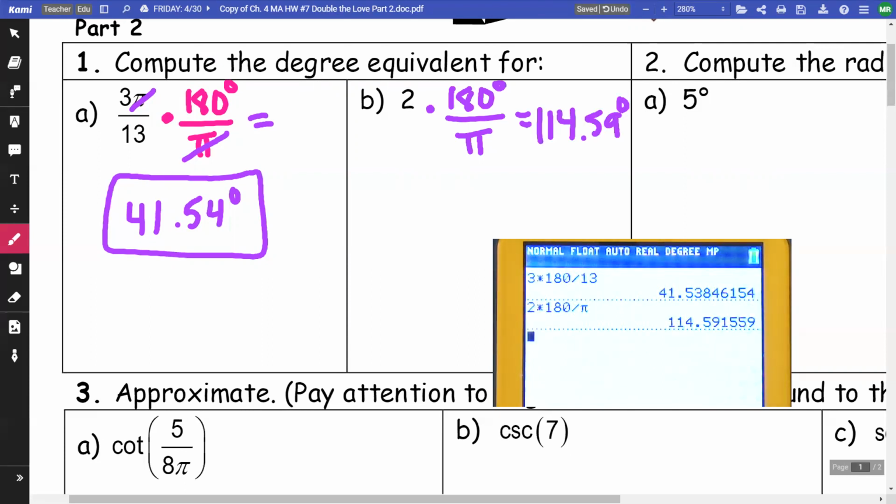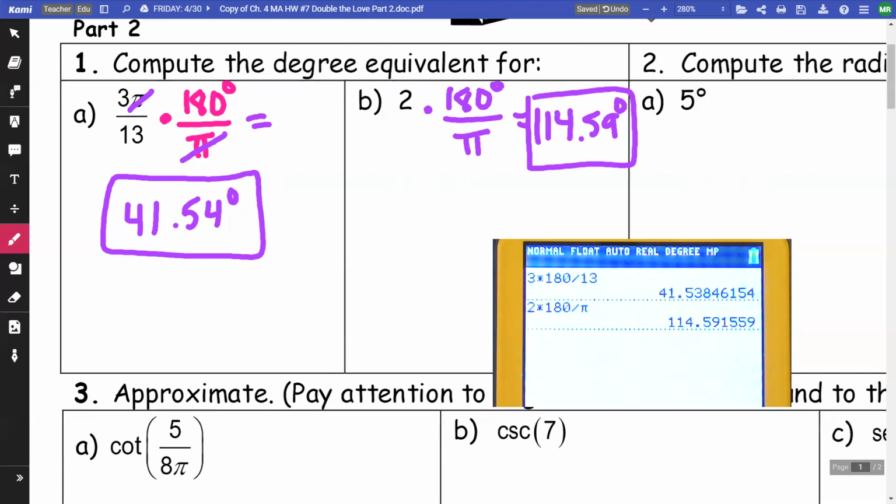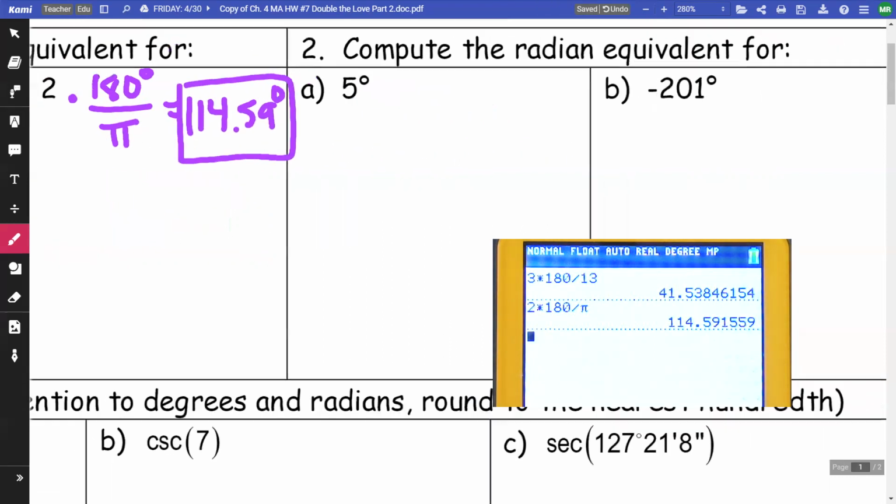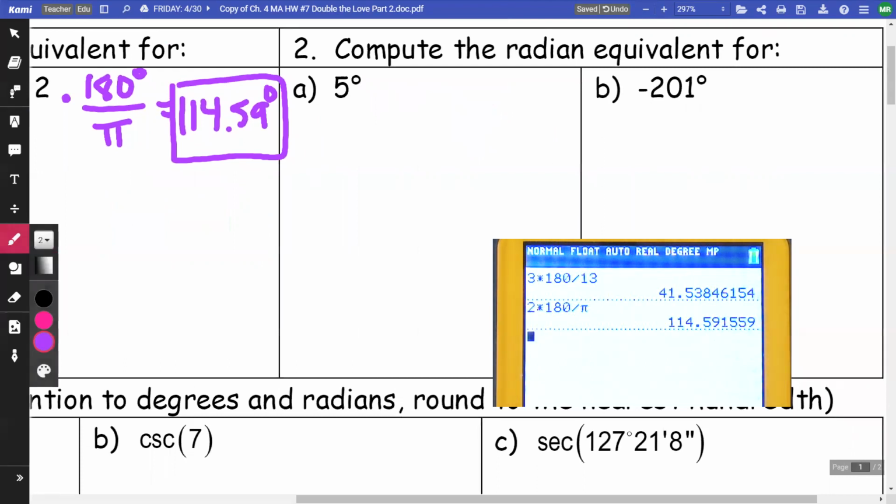Now on the next section, we're going the opposite direction, from degrees to radians. This time I am going to multiply by pi over 180 degrees.